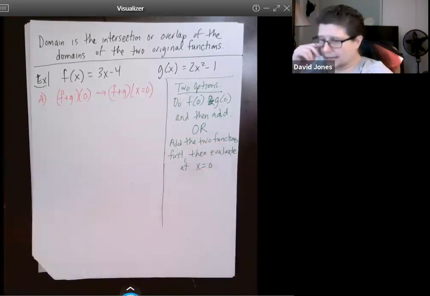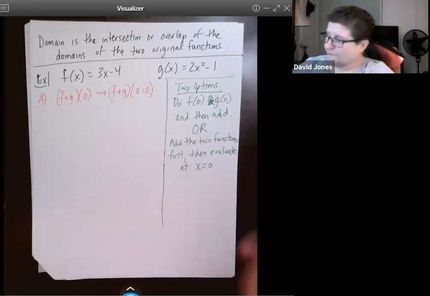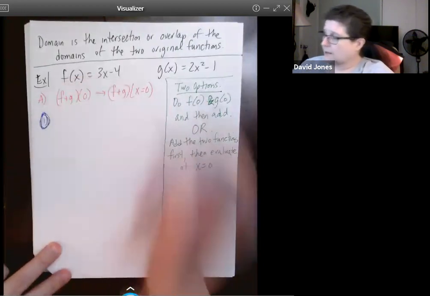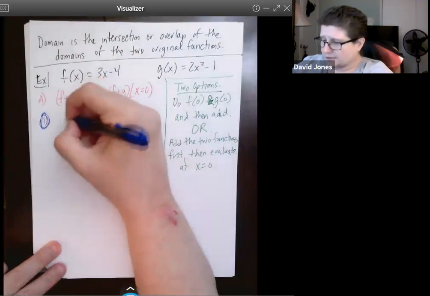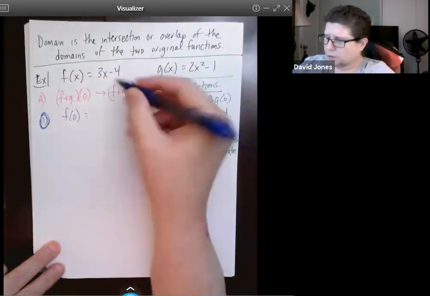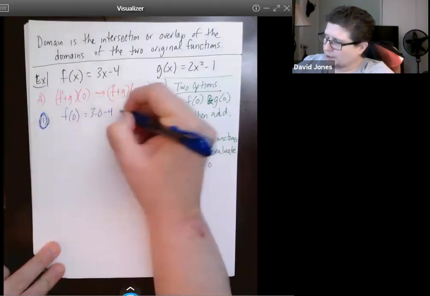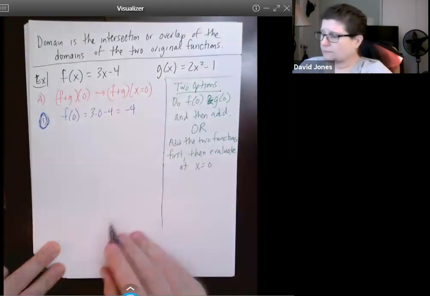And I'm going to add more to that, but I want to go through them and do them, show what I mean by that. So first option, option 1, I'm going to do f of 0. F of 0, I'm just plugging in 0 for x. 3 times 0 minus 4 is minus 4.